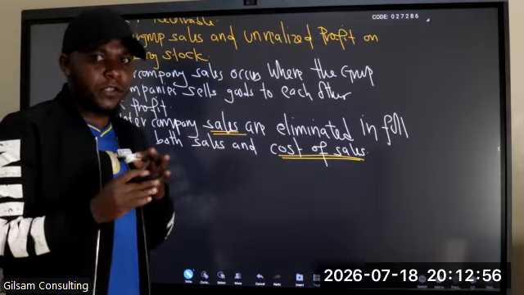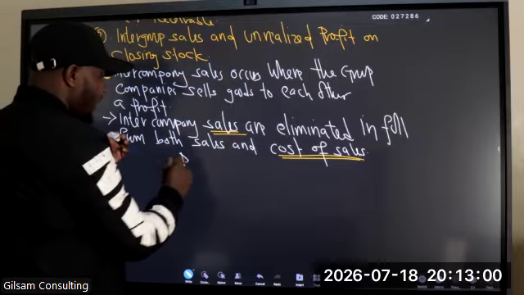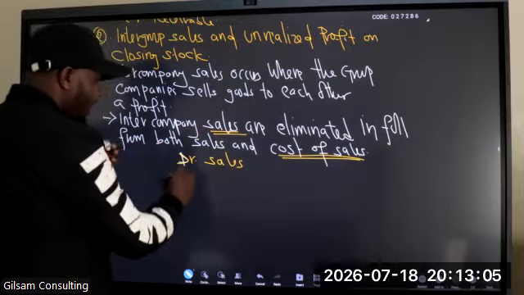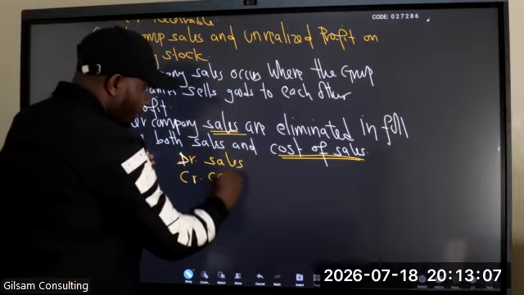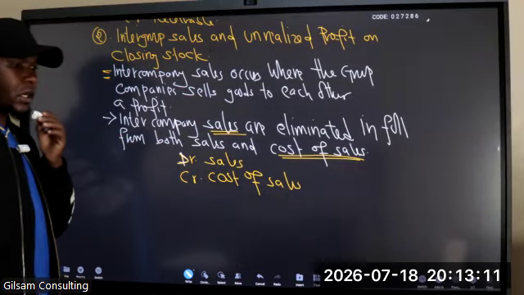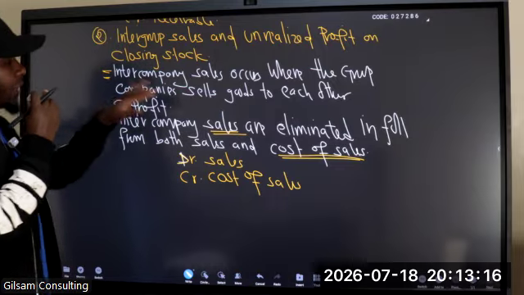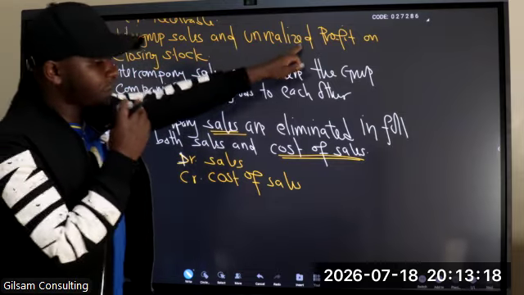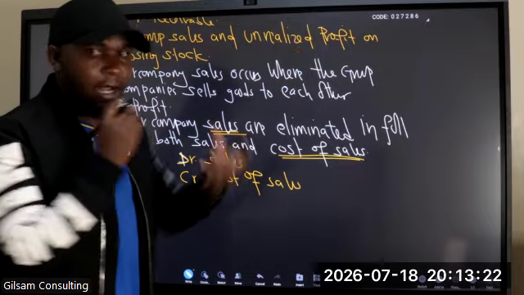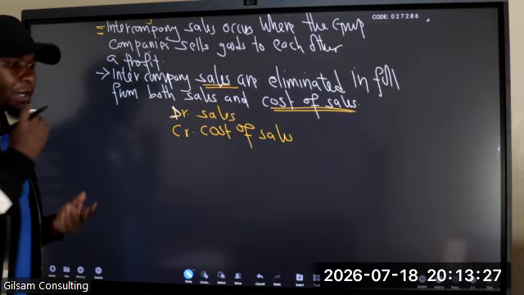When we are reducing, we have to debit to reduce that. So we debit sales, we credit cost of sales. And then remember, there is part of unrealized profit here because this sale is not to a third party. So there is an element of profit not realized, so we also need to adjust that.